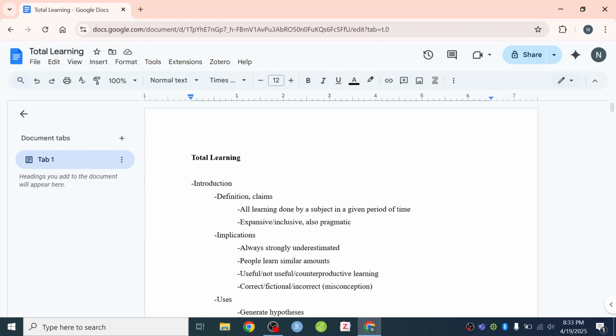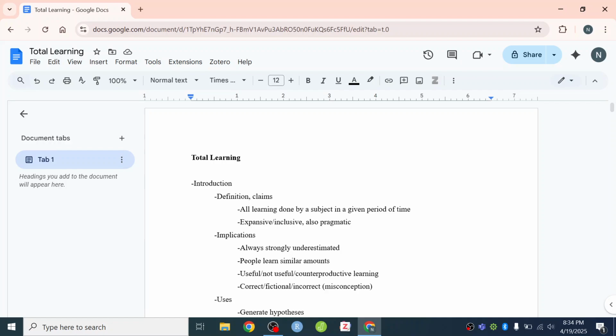You could do learning that is more useful, that is not useful, that may in fact be counterproductive. Indeed, people may be learning things that are not accurate. Again, this is something we'll talk about when we talk about the definition of total learning. But you can learn something that is wrong.